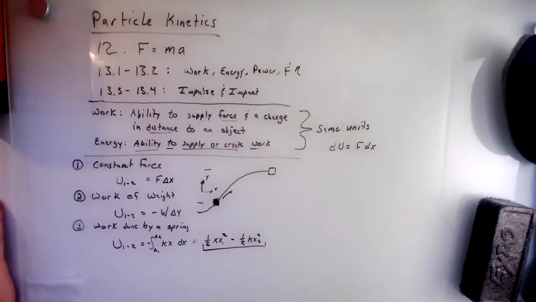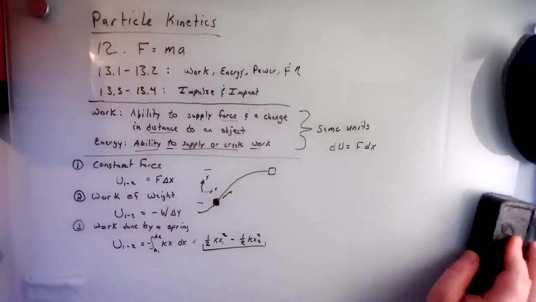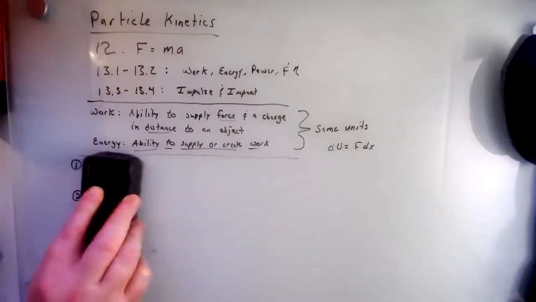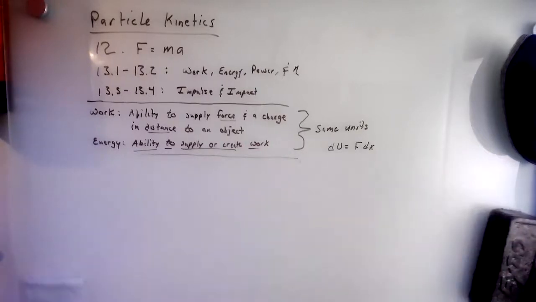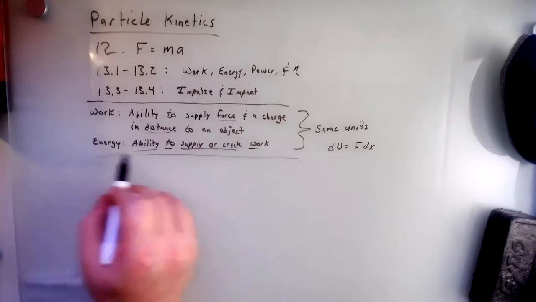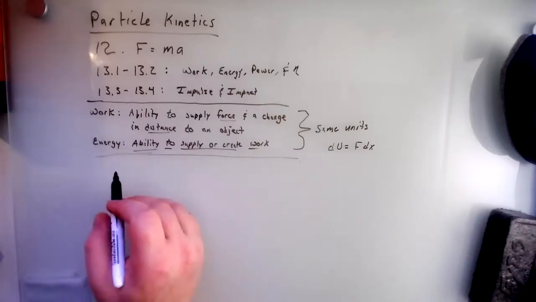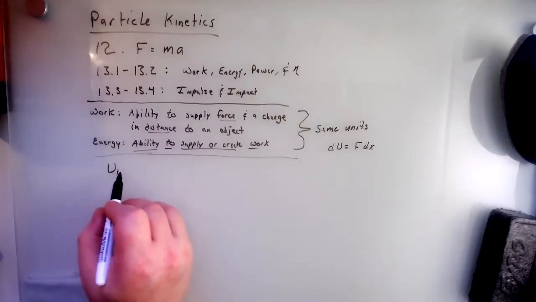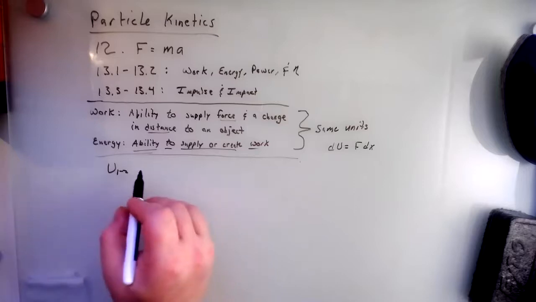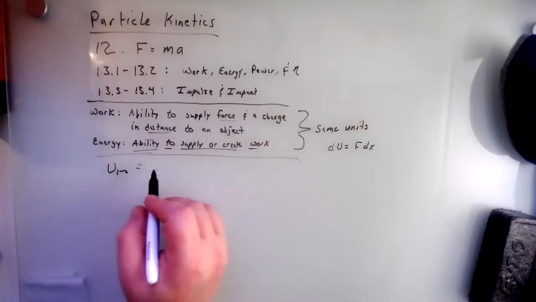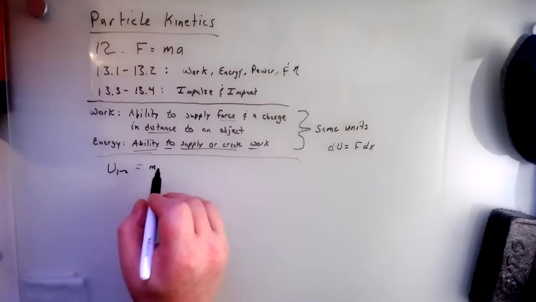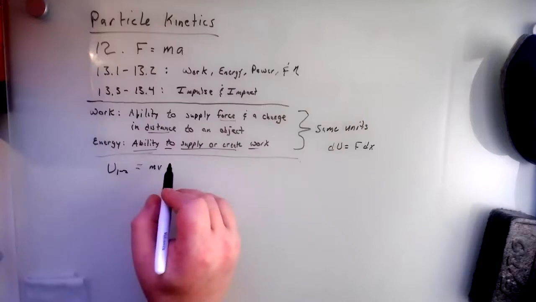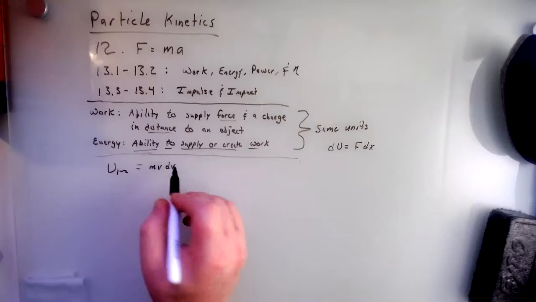What comes next? Let's see. So back to, yes, hopefully you got it. If not, pause. Okay, so back to this equation that I was deriving. What did we have? We had U, 1 to 2, this was our F, equals mv dv, right?